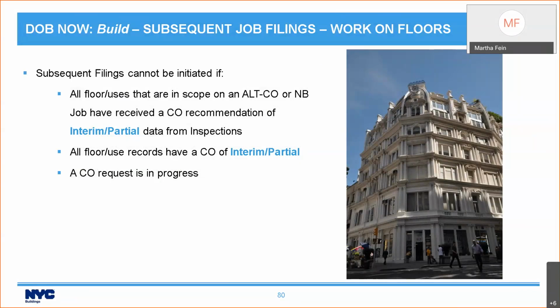Interim or partial are non-renewable occupancies. So if you have a CO recommendation for that, or they already have that, you cannot initiate a subsequent filing. You also cannot initiate a subsequent filing while a certificate of occupancy request is in progress.